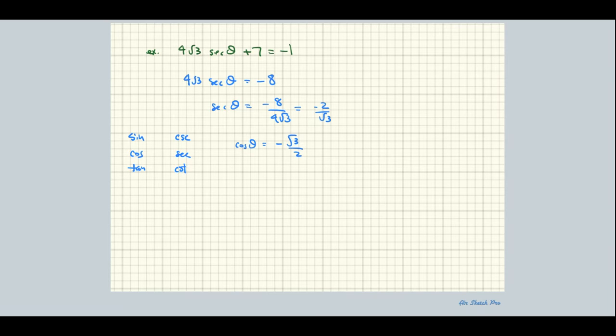Here we are. Now remember, when you're drawing these circles, it's pretty simple. Cosine is an X thing or a Y thing? It's an X thing, okay? And I'm looking for negative root 3 over 2. So I'm going to go to X, and I'm going to toss in a hash mark at negative 1/2 always, okay?